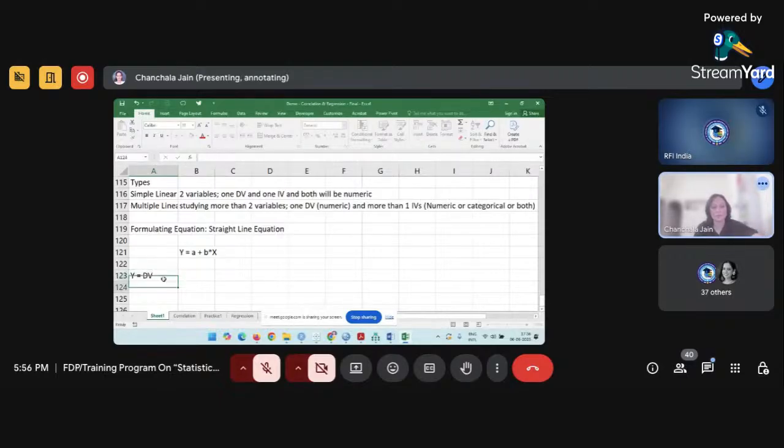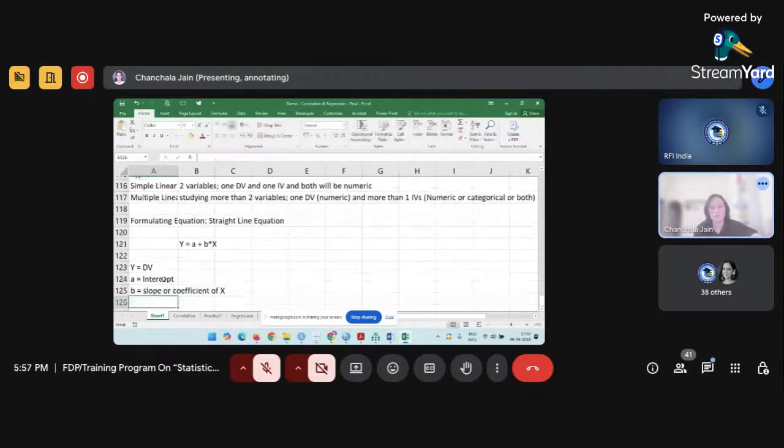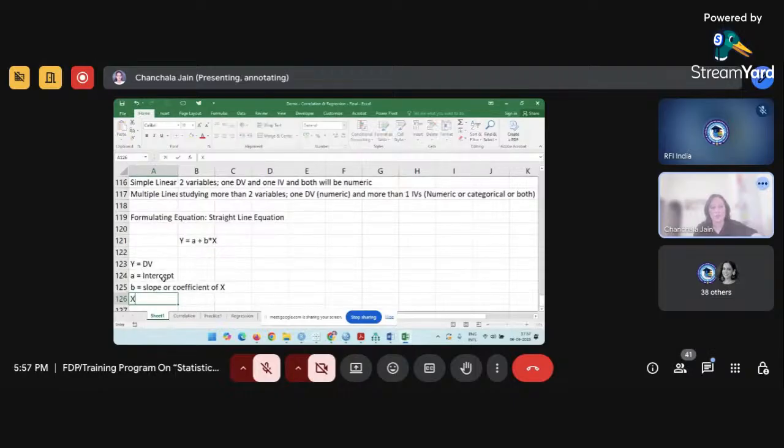So here y is your dependent variable, right? A is your intercept. B is your slope or coefficient of x, and x is your independent variable, right? This is generally known as the mathematical equation.